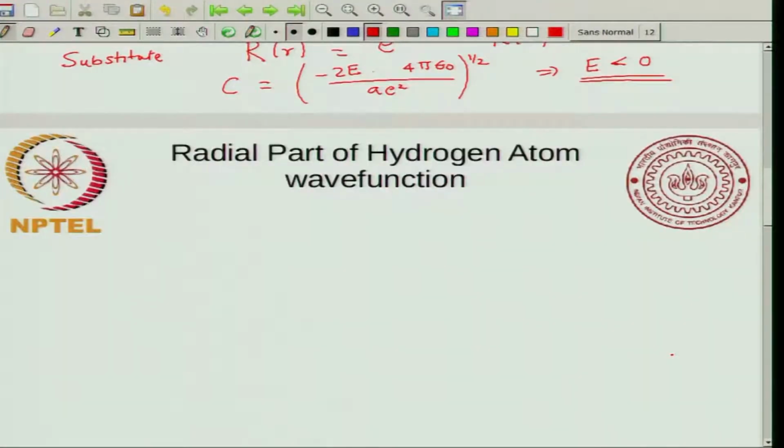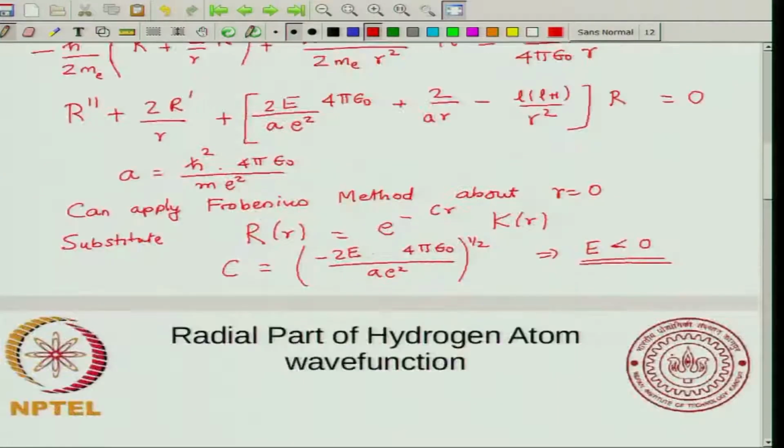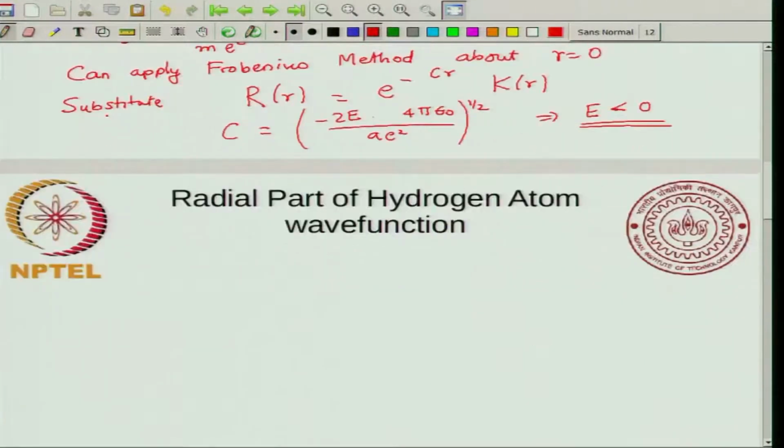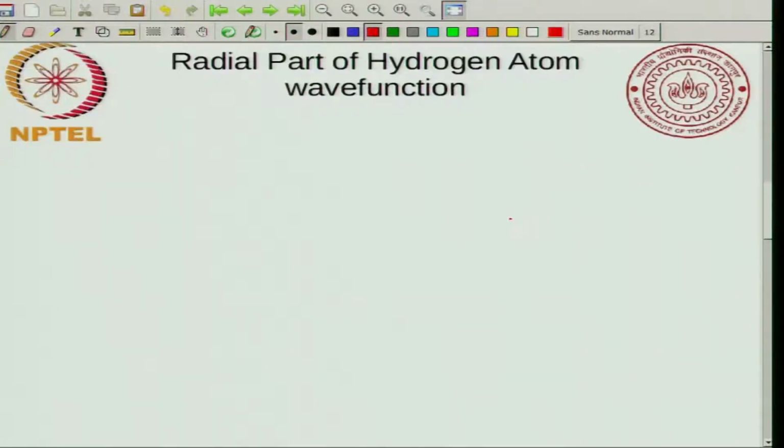So you see this, and when you make this substitution and you substitute in this differential equation, you will get a differential equation for k. I will just write what that differential equation is. You can actually go ahead and work it out.